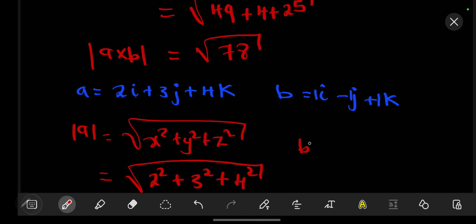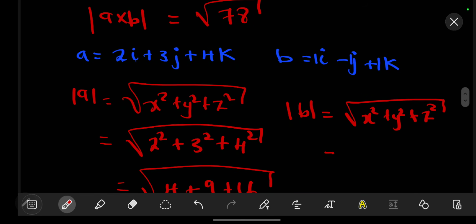Finding the magnitude of B, same approach, should be equal to the square root of x squared plus y squared plus z squared. We just get the coefficients: 1 squared plus 1 squared plus 1 squared.